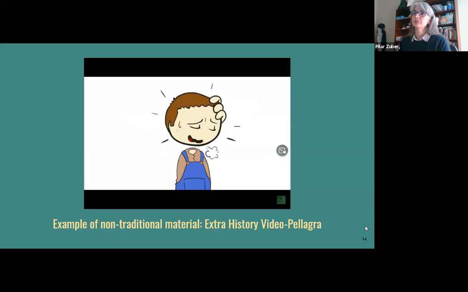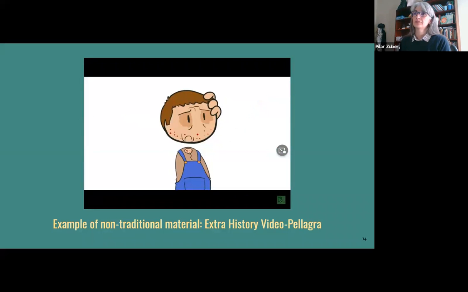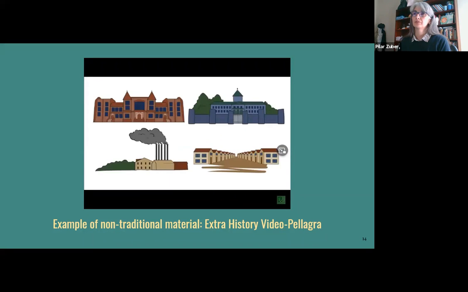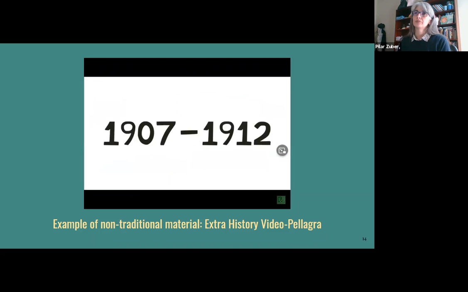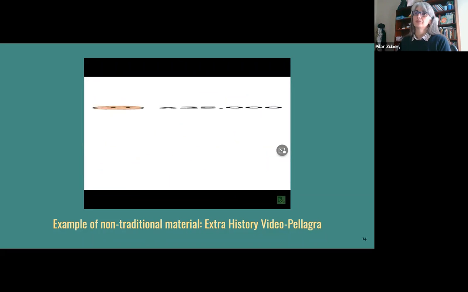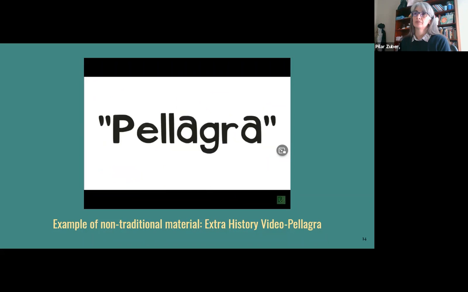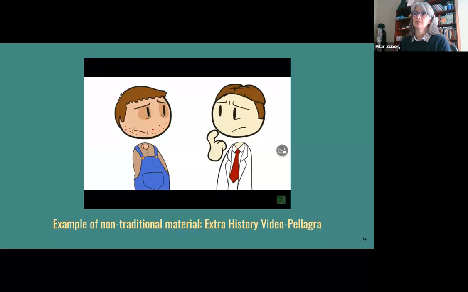When the weather cooled, the rashes faded, until next spring. In the decade to come, the plague whipped through orphanages and mental asylums, mill towns and villages. Between 1907 and 1912, doctors confirmed 25,000 cases. 40% of the inflicted died. The disease had a name, pellagra, and no one knew what caused it.